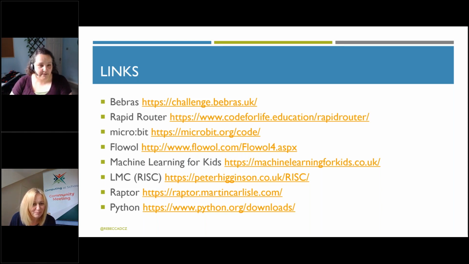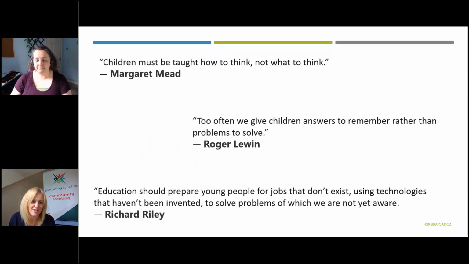Okay. We have a question from Carl: is there any evidence that games-based approaches like Rapid Router actually result in conceptual understanding that can be transferred into other programming activities? Oh, I'd like to unpick that, because although Rapid Router looks like a game, I would argue it isn't, because you're not writing a game, you're not playing a game, you're following exercises.